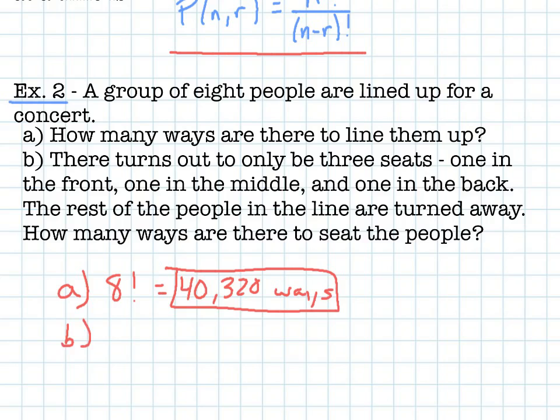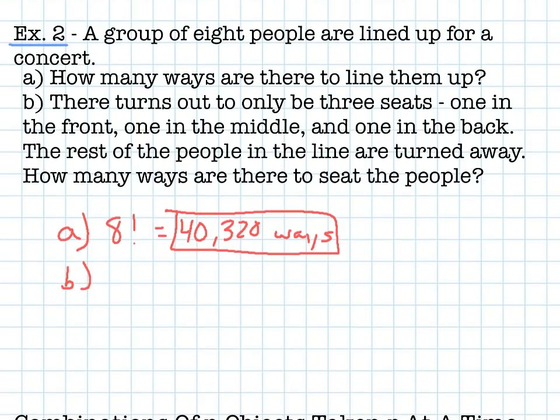Then letter B is a little different because here you're only selecting 3 of the people out of the 8. So not everybody gets to be a part of the concert apparently. So then we say 8 comma 3. So 8 is our n, 3 is our r, and we plug it into our formula. So 8 minus 3 factorial on the bottom, and 8 factorial on the top.